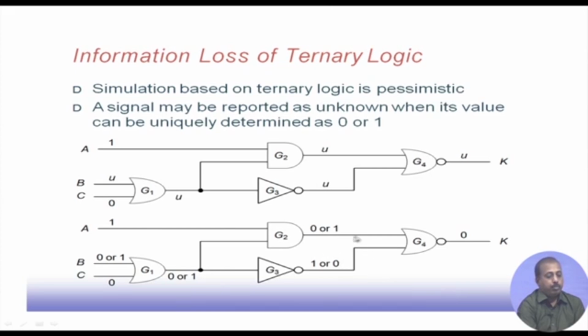From this I can find out that these two values are never the same. As a result, this NOR gate output will always be 0. So, we say that ternary logic simulation is a bit pessimistic, but accepting that, it helps in many cases where the values of different signal lines are not known. So, doing a simulation at that point of time, you have to go for ternary logic.